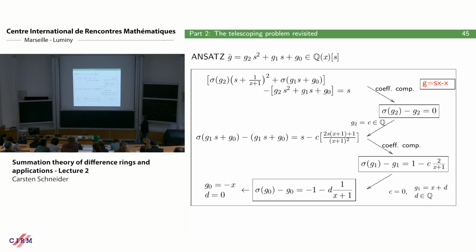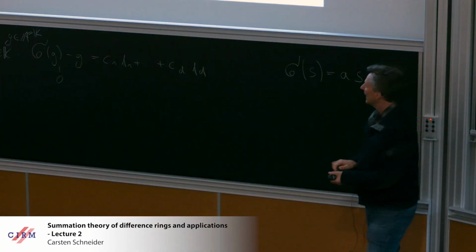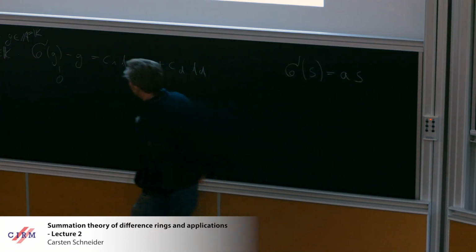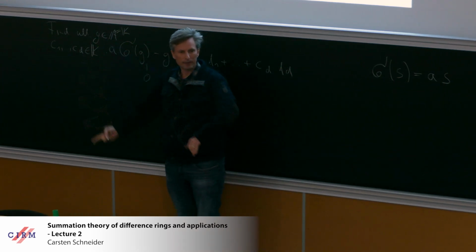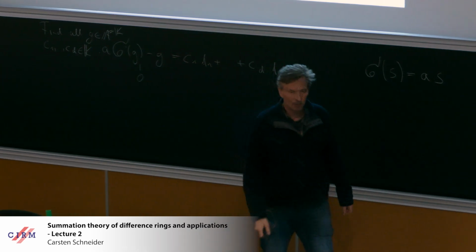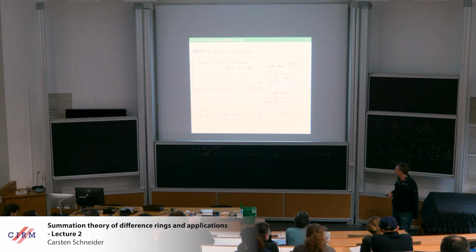Okay? And, well, if there are products involved, I haven't shown you that, because then the automorphism might also introduce something like that in front, by the reduction. It might happen, okay? So you have to solve first order parameterized difference equations.